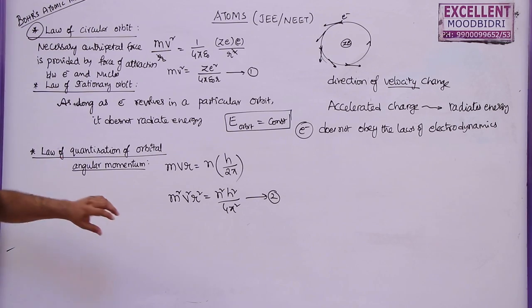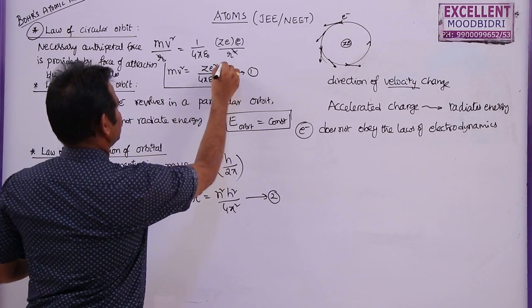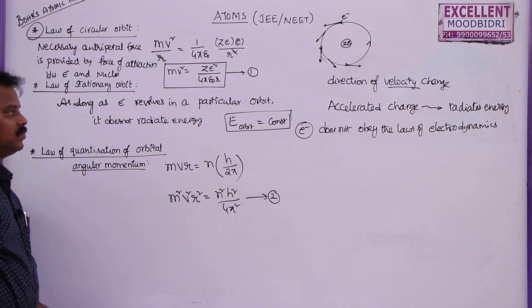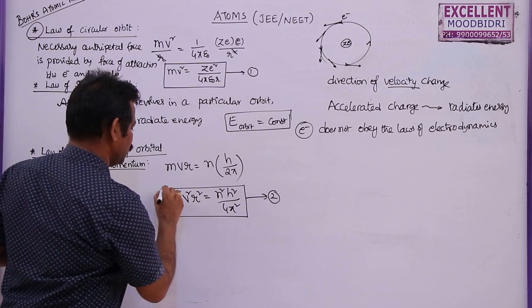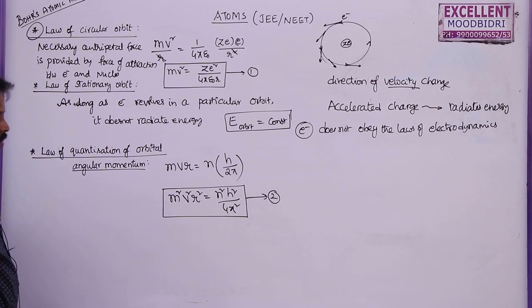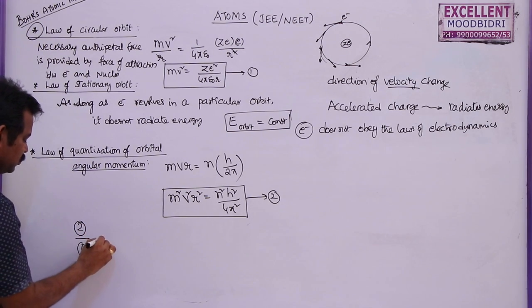Now let me divide equation 2 by equation 1. Equation 1 is mv square equal to Ze square by 4 pi epsilon naught r. Equation 2 is m square v square r square equal to n square h square by 4 pi square. So what will we get?